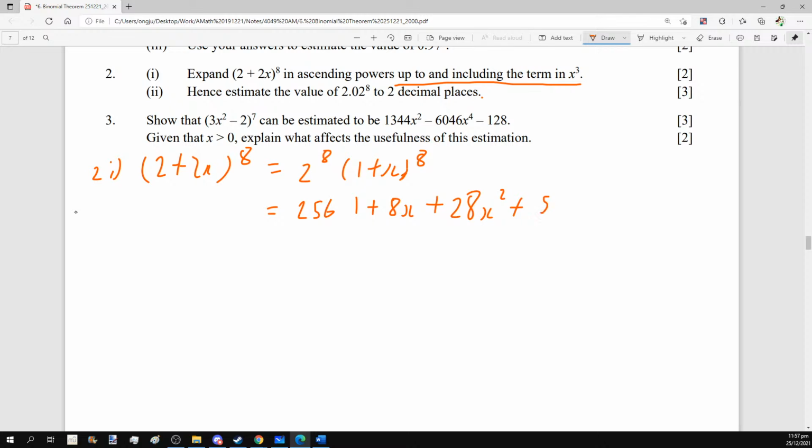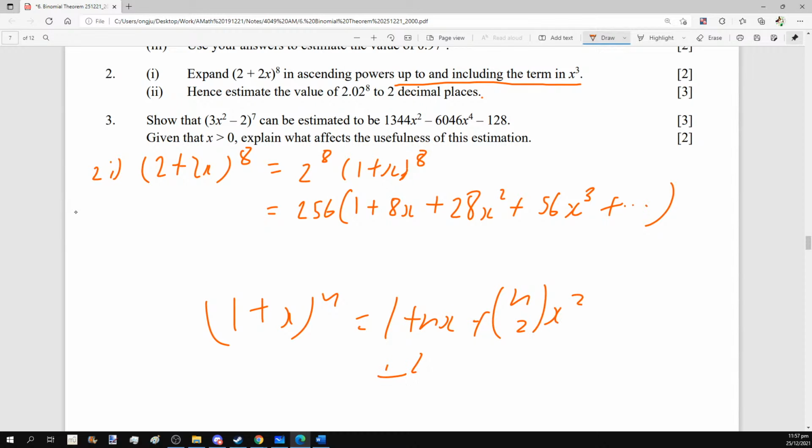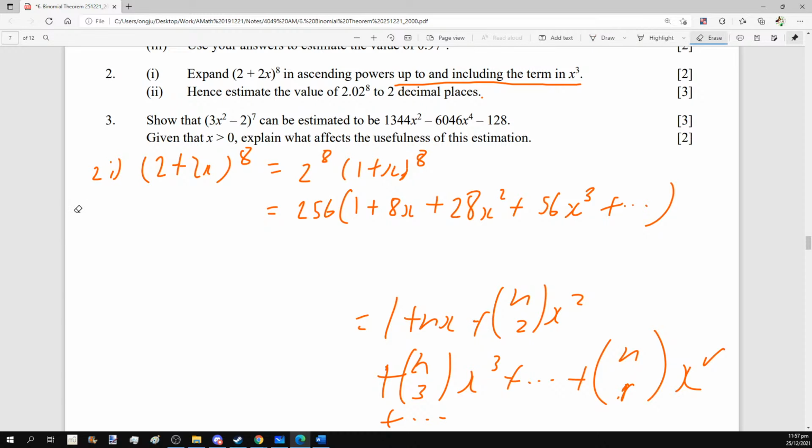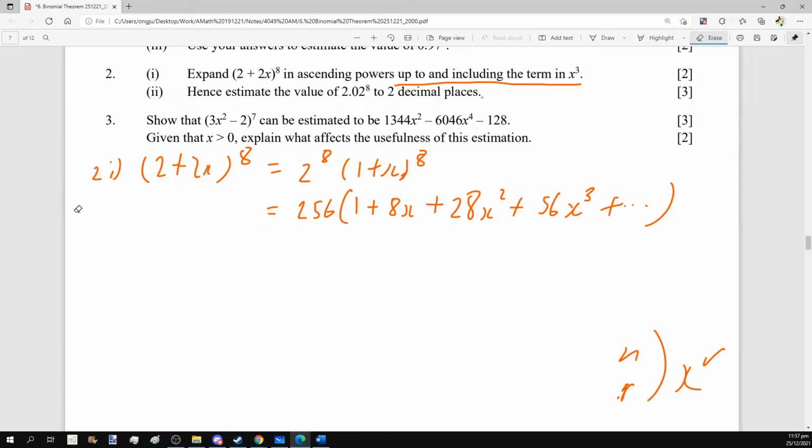So over here, we will use the simplified formula for binomial theorem, which was from 1 plus x to the power of n, right? We will use this simplified formula. So in this case, I have skipped a few steps over here. I'm sure you can figure it out by yourself. And then from here, of course, the last thing we need to do is to multiply the 256 back in.